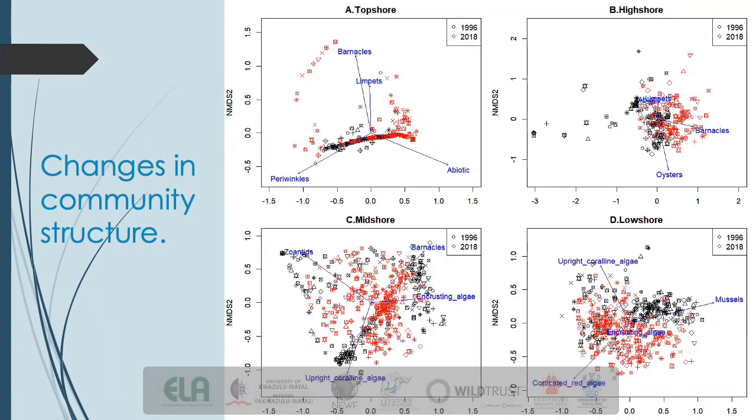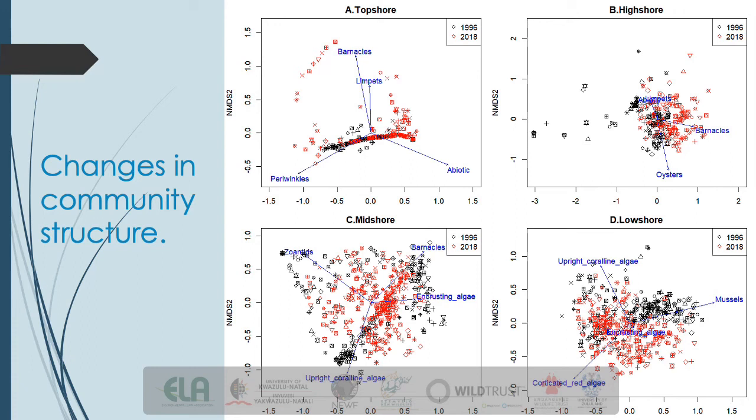When we explored the community structure, we found some trends that caught our attention. One of them was, if you take a look at the top shore, firstly, the colors indicate different years, the shapes indicate different sites, and the blue vectors indicate the species that contributed the most to the change. You will notice in the top shore that periwinkles were one of the species that contributed the most to the change, but they're showing a decrease in number.